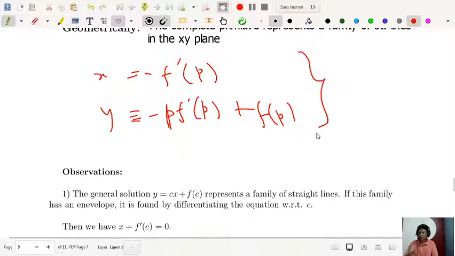Together, if you eliminate p between this x and y, they will give you some solution.